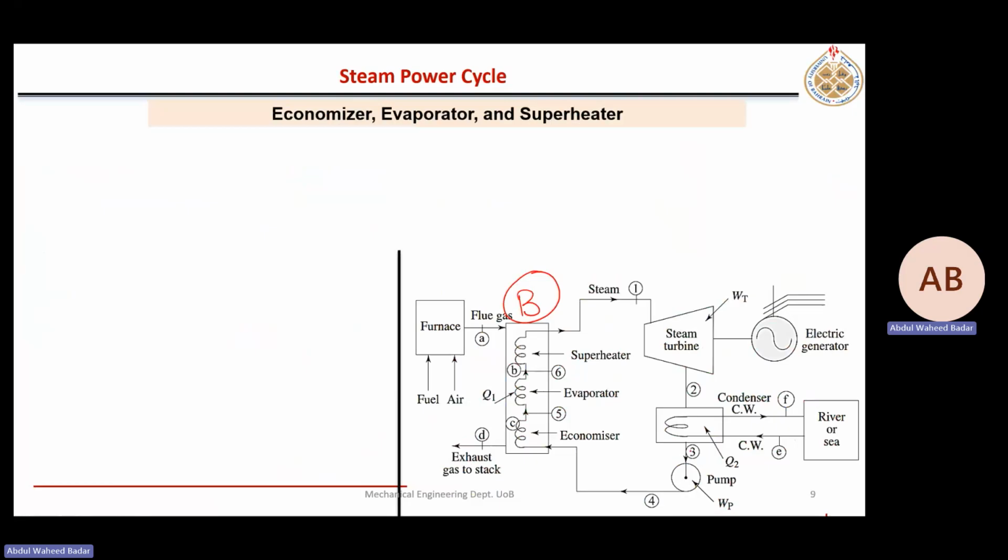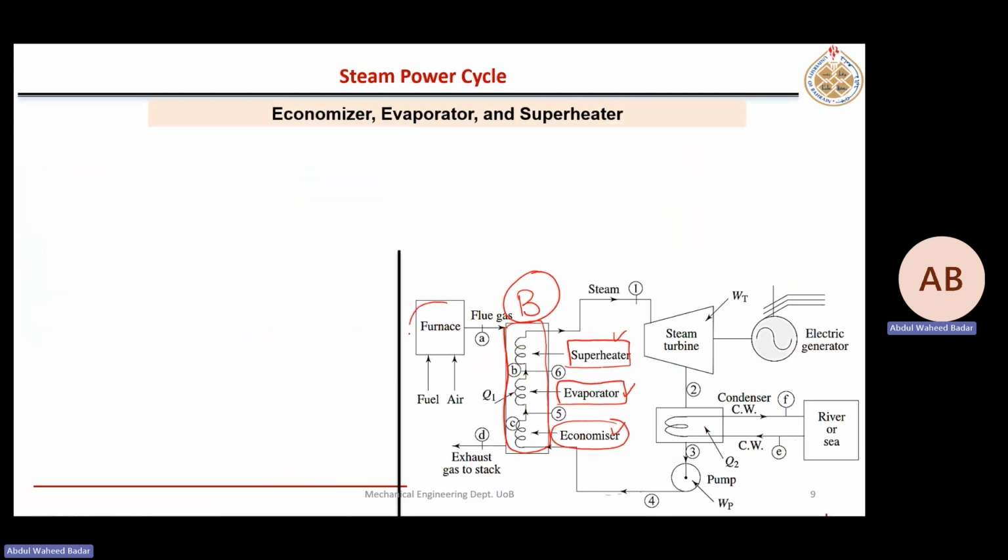But normally the fluid entering this section, which we are calling the boiler, has three functions. First, to increase the temperature of liquid water, then to evaporate that water at a constant temperature, and then to superheat.